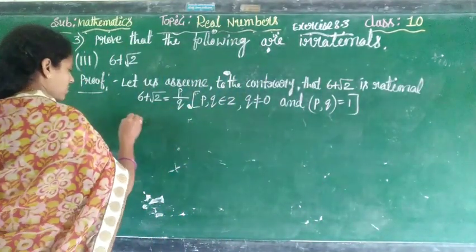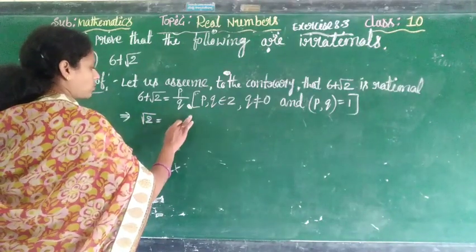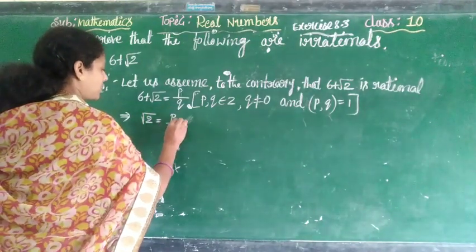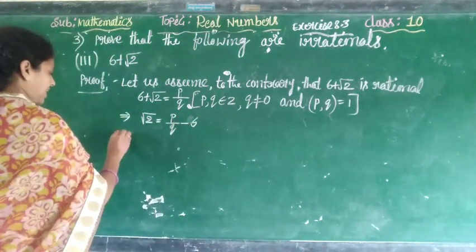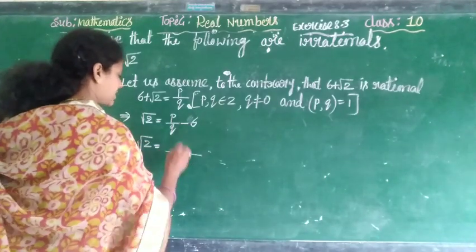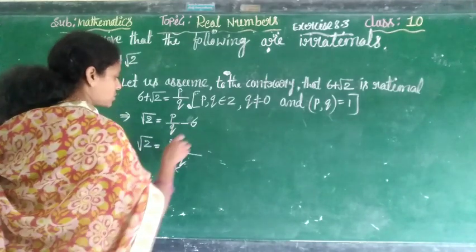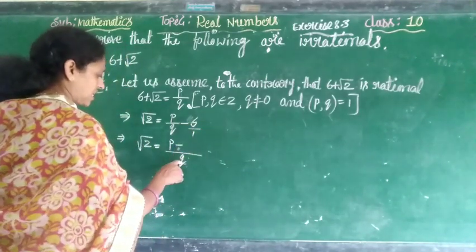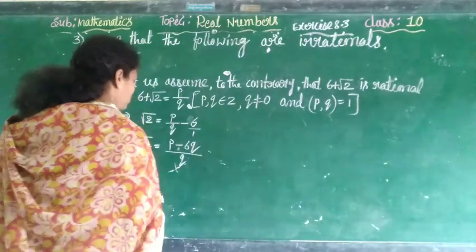So this implies that root 2 is equal to p by q minus 6. Take LCM. Root 2 is equal to, q cancels, the remaining number is p minus q into 6, that is 6q, over q.